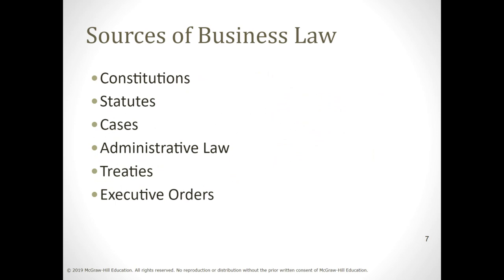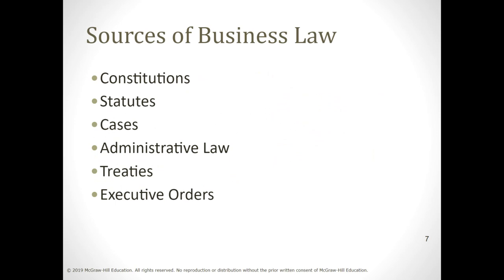And related to that is a term called stare decisis, and that is the principle that states that rules or rulings made by higher courts are bound by lower courts. So when we're looking at or talking about the Supreme Court of the United States, they have the final say in interpreting laws.